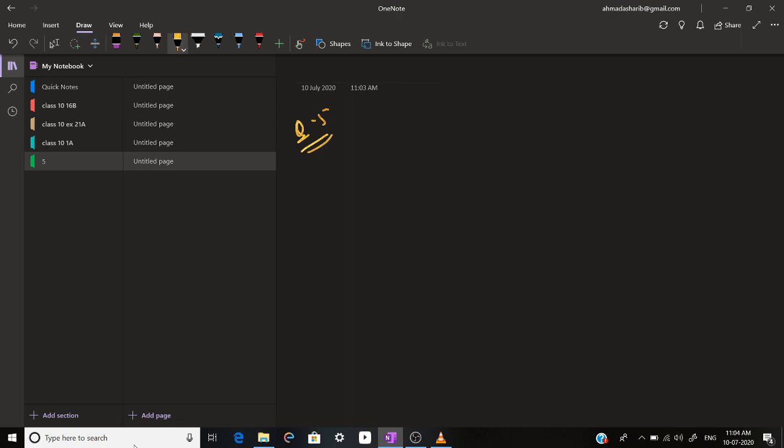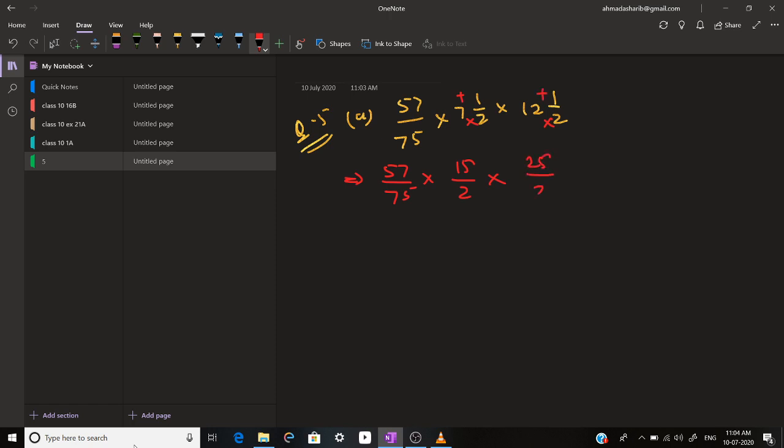Question 5, part A, 57 upon 75 into 7 whole 1 upon 2 multiply by 12 whole 1 upon 2. Okay. Now students, you will write 57 upon 75 into 7 2s are 14, 14 plus 1 is 15, 15 upon 2 you will write, and 2 into 12 is 24, 24 plus 1 is 25, 25 upon 2.